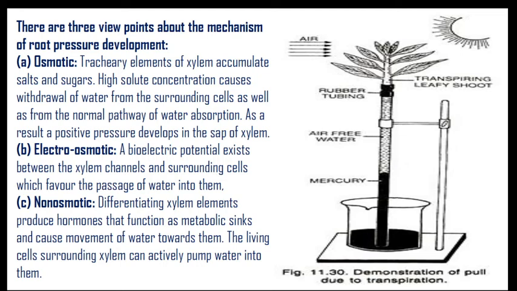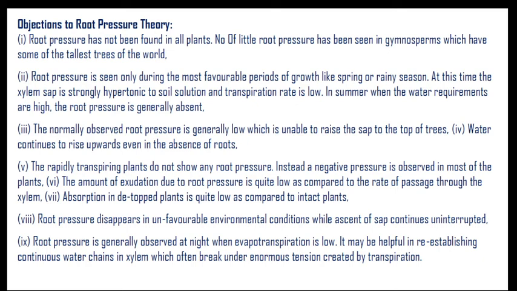At that time, transpiration develops, which creates a pull, and there is a development of root pressure, and that is why positive pressure develops. So there is some objection to the root pressure theory.